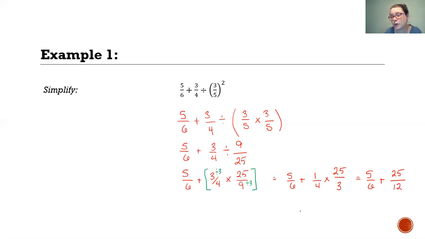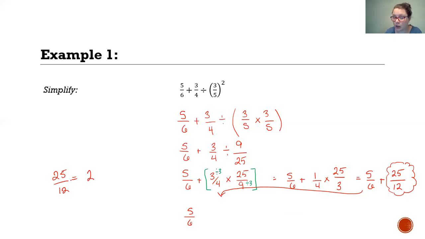Now this is a spot where I say it's often good to simplify. So let's simplify this piece, and I'm going to write it down here. We'll just draw some arrows to keep ourselves organized. So you have 5/6, and 25 over 12 is equal to, well, 2 times 12 is 24.